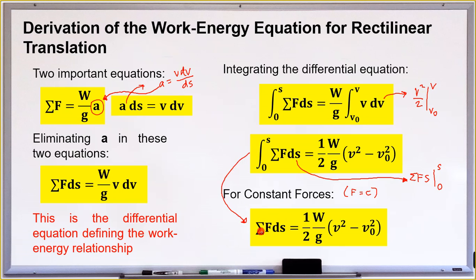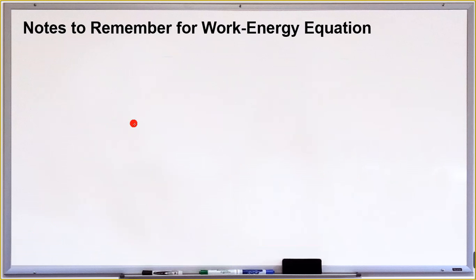So summation of forces times their respective displacements is equal to 1/2 Wg times the final velocity squared minus the initial velocity squared. Okay? So this is how the general formula came to be, from these two important equations only: the first, kinetics, and the second, kinematics.